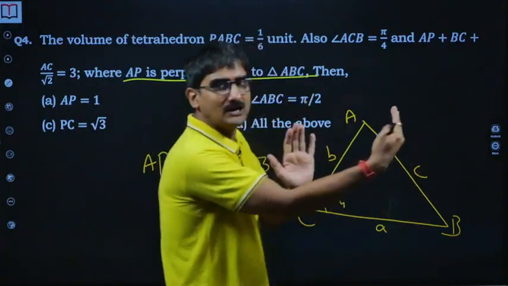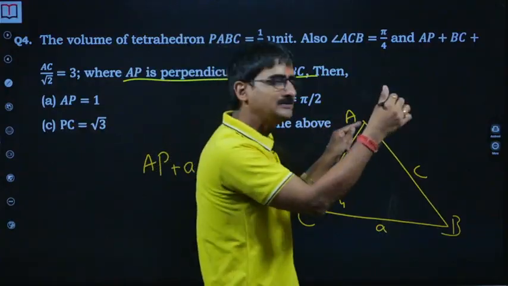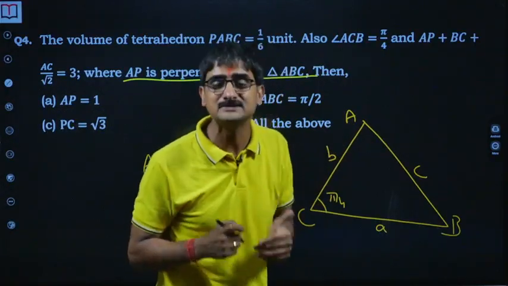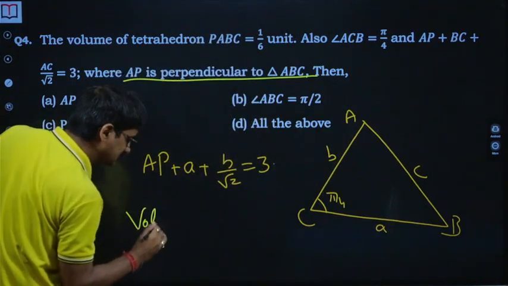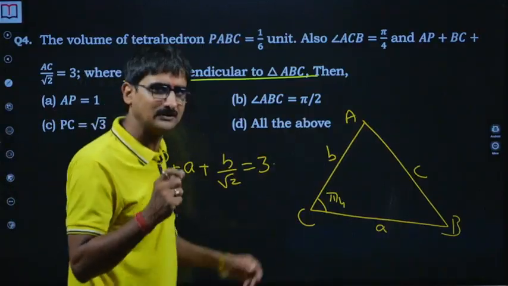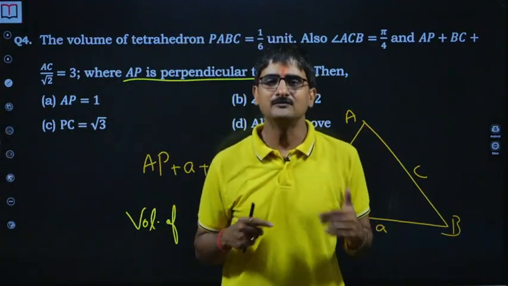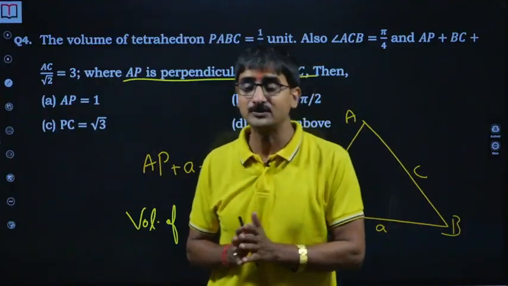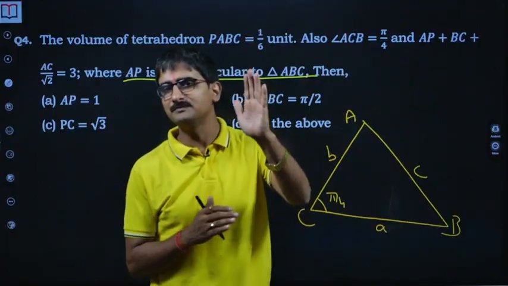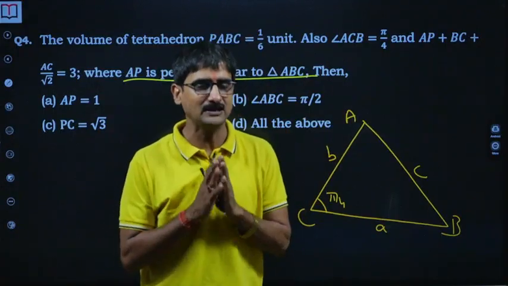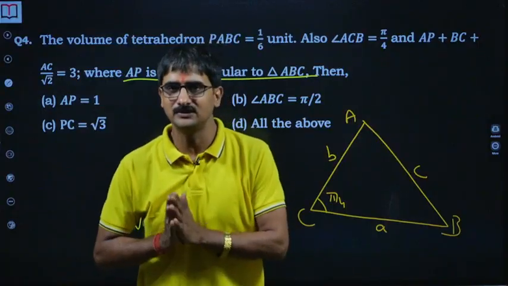If I project it outside, then the height is AP. The height of the prism is directly AP. Whenever the third dimension of a three-dimensional body is projected out of the base perpendicular to the base, the volume is area of base into height.